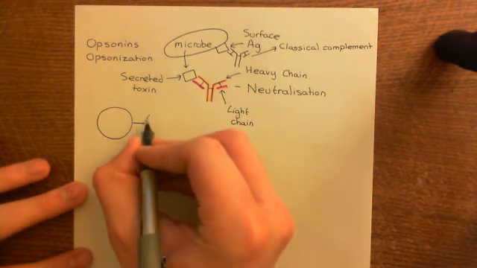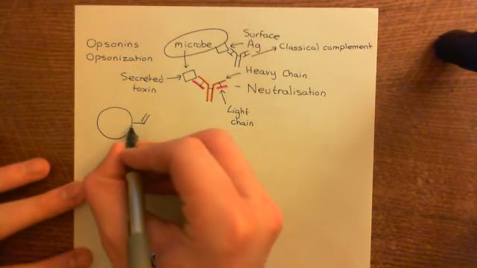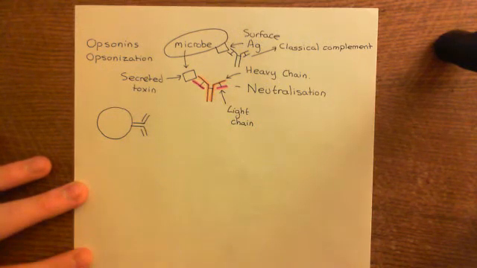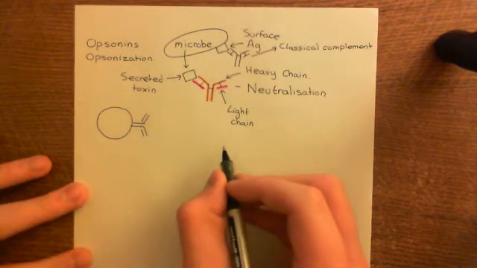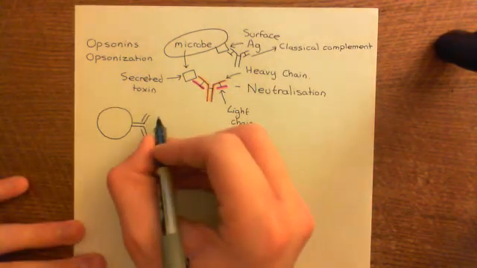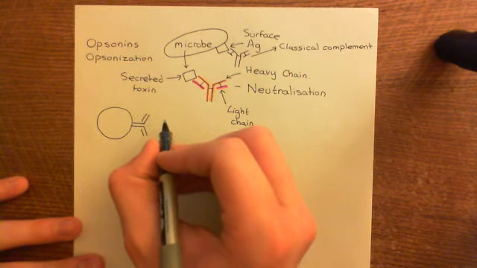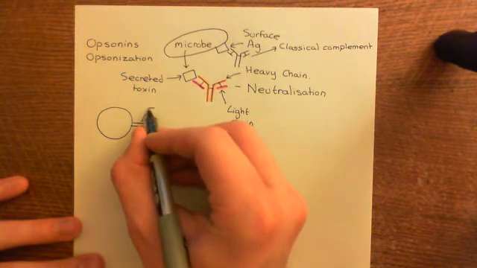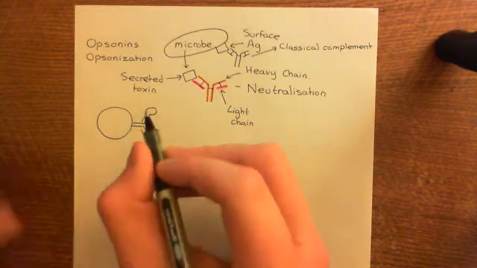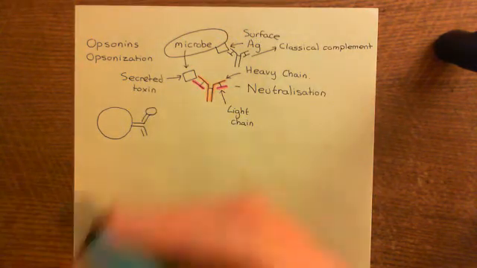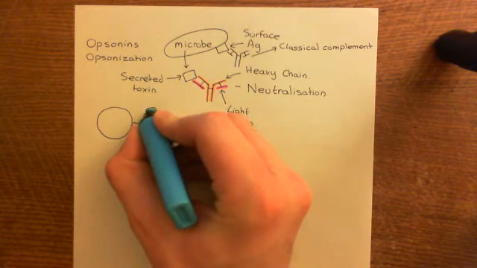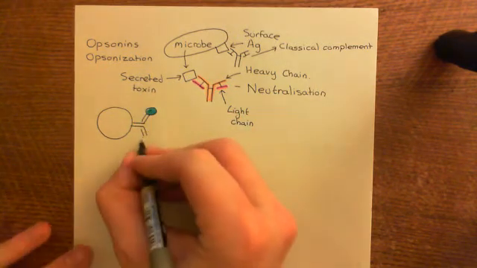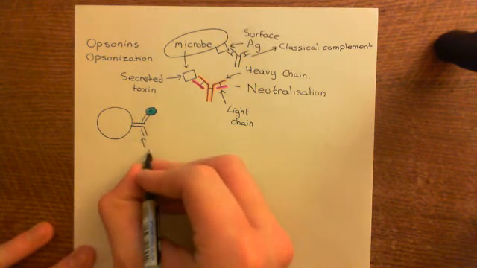All they need is to find the antigen again. So if you get infected with this microbe again, and the antigen comes back into the blood, here it is in blue, then it will find these memory B cells in the blood, and it will end up binding to the B cell receptor on the surface of these memory B cells.